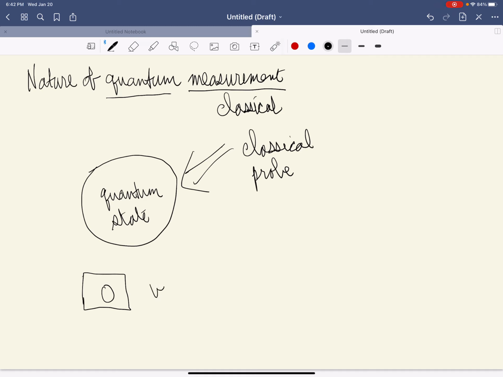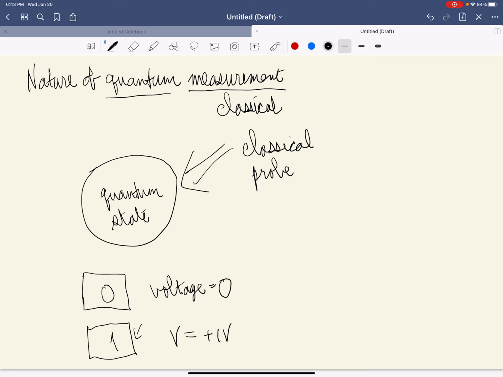And if I measure a voltage equal to zero, then I'm certain that this bit was in this state of zero. Whereas if I measure the voltage and it turns out to be, let's say, 1 volt for this bit, then this physical system was for sure in a state of 1.